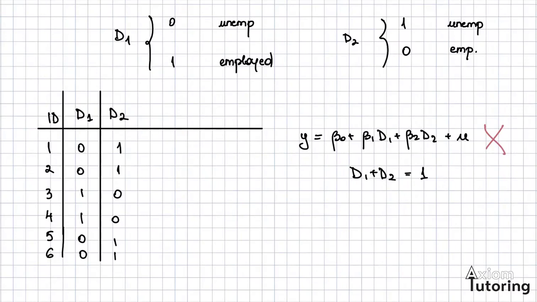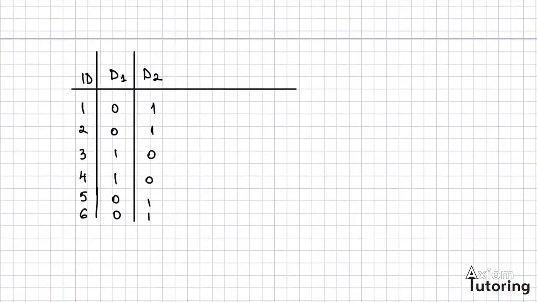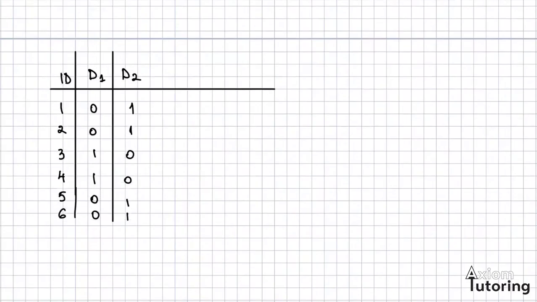However, what if this data set looked slightly different? What if the 6th observation had no available information, so we don't know whether this person is employed or unemployed?